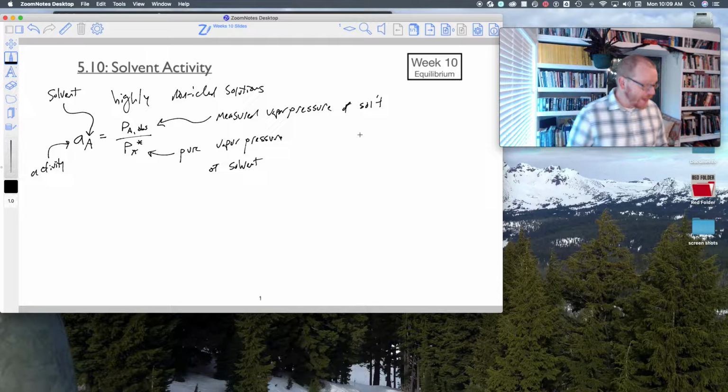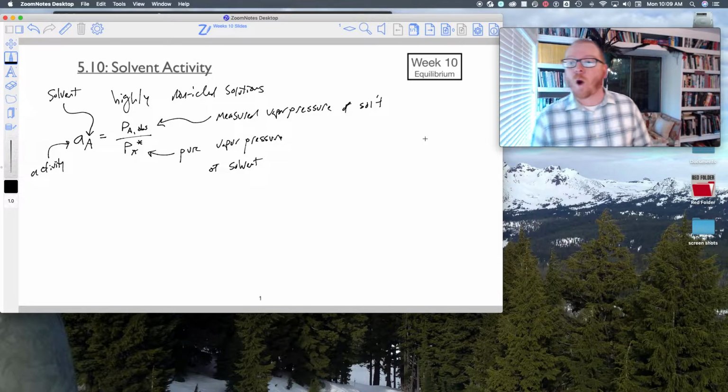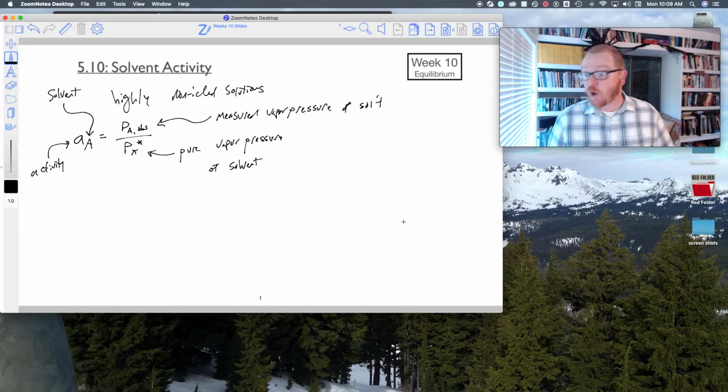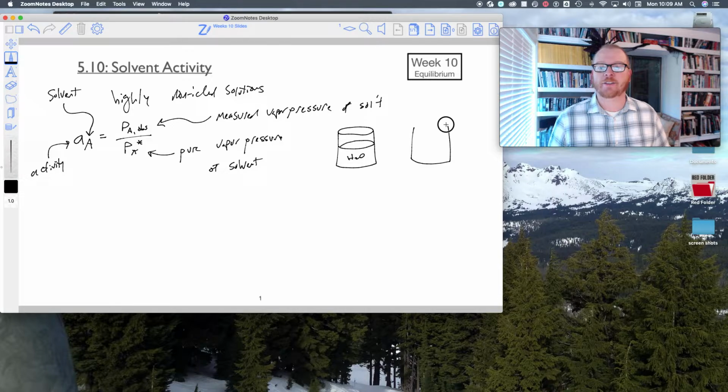Okay, and so I showed you that example again with the water and the salt. When you have a solution of sodium chloride compared to pure water, so I write H2O here, but now I've got salty water, so I'll say NaCl aqueous.